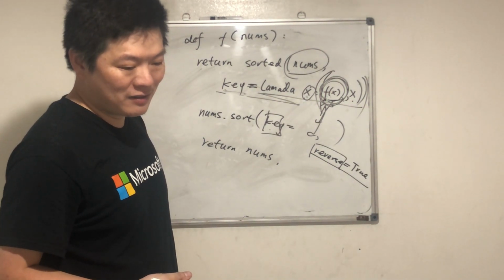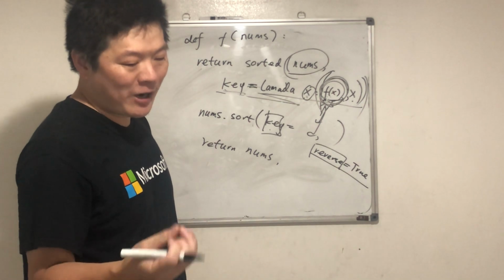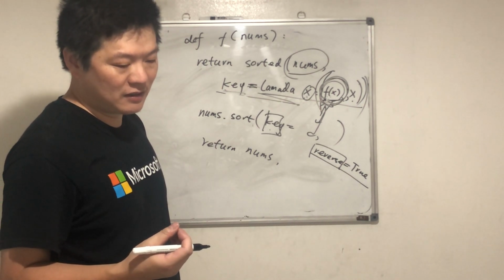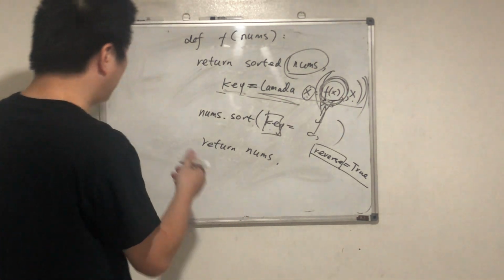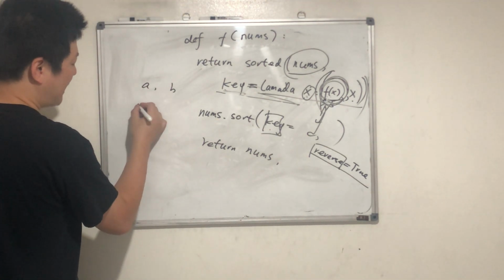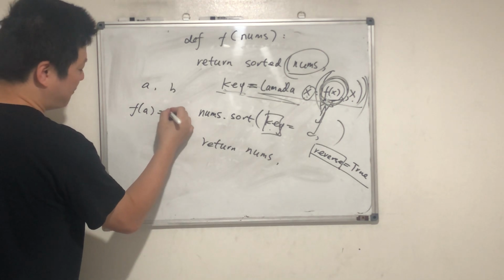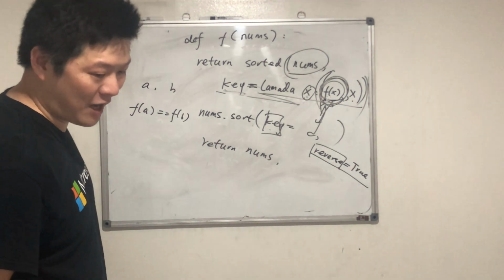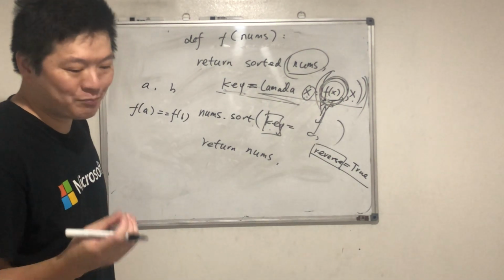In an integer a and b, if I say f(a) equals f(b), what are a and b? The number of ones in binary is the same.